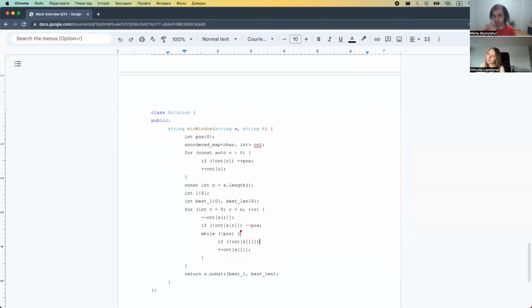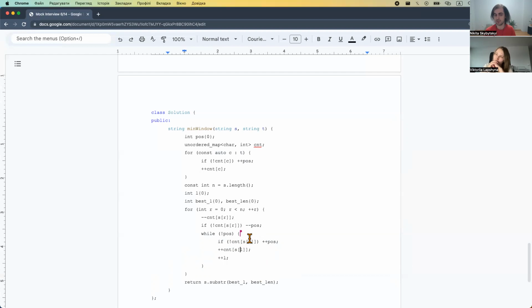If before removing we had 0 need in this character, and now we increment it, it also corresponds to incrementing the positive. We had this letter covered, but we tried to move left, and it no longer works. So we have to increment this positive. And here I also have to move the left, actually.